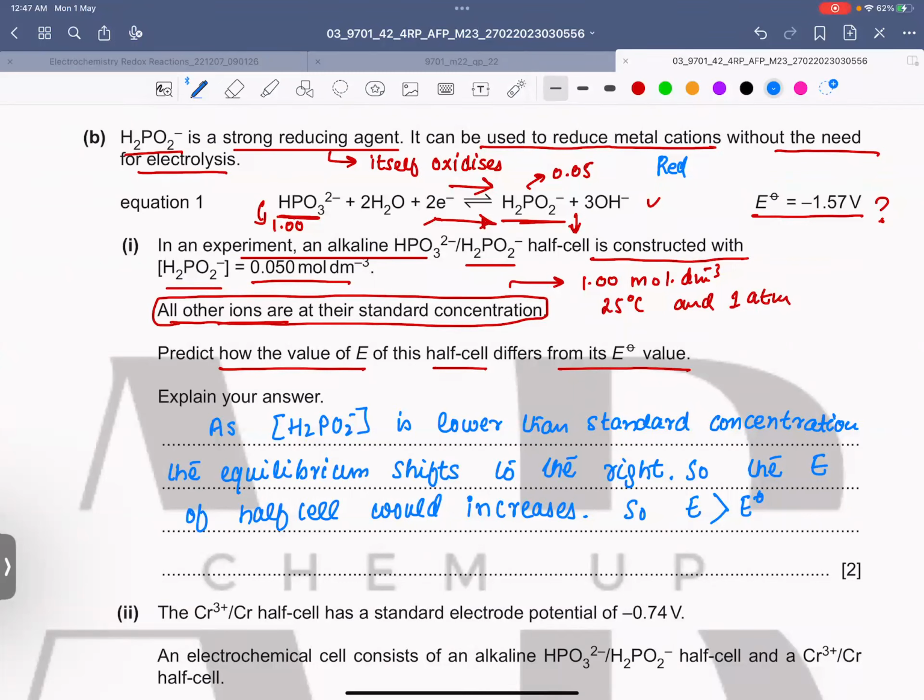Okay, sir. So you can remember this in that way, that if reduction would occur, E value increases, and if oxidation would occur, whether forward or backward, E value decreases.